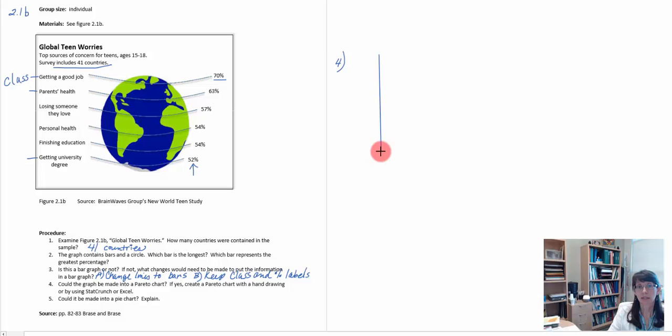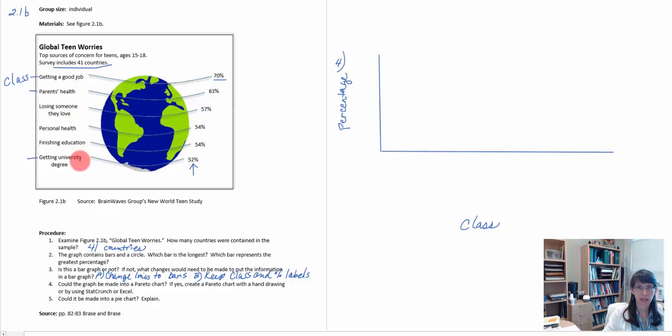We'll need our percentage axis, and we need a class axis. And before we write down each class, we need to make sure we're starting with the largest percentage. And as we look down the list of percentages, these already are in descending order. So we will start with getting a good job and writing in order down to getting a university degree.